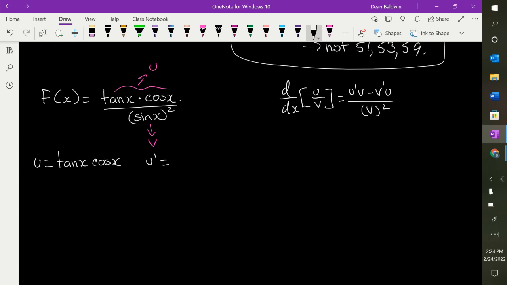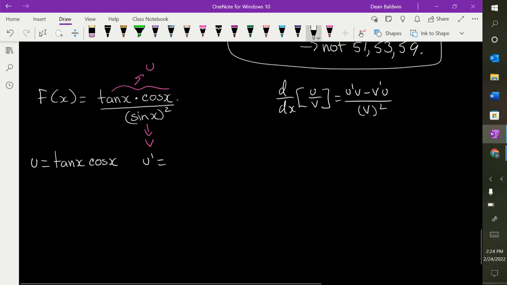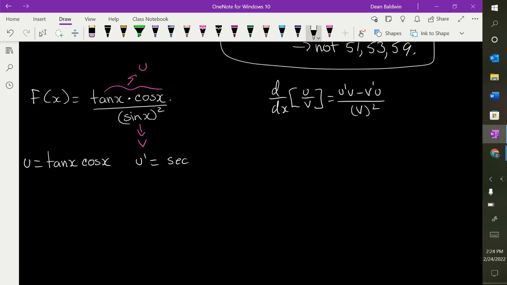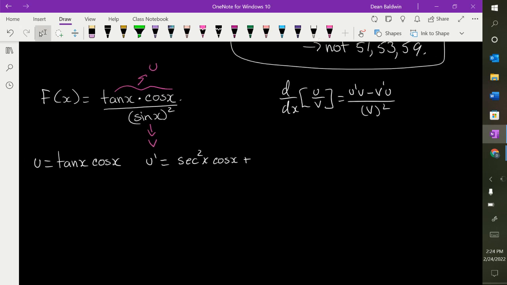I'm going to use product rule here, which says the derivative of the first function, tan, we learned that yesterday, is secant squared times cos of x plus the derivative of cosine, which is negative sine, times the first function, which is tan of x. That's u prime. V is sine of x all squared.